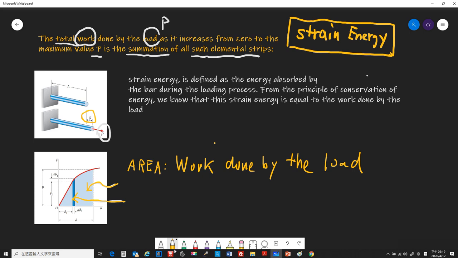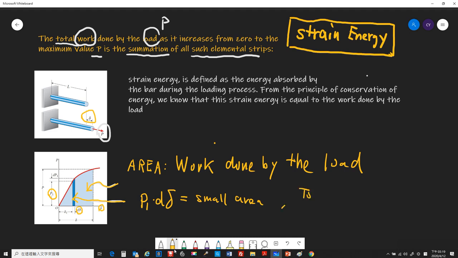This small area, the area is P1 multiplied by d delta. So delta is a total displacement, d delta is a small displacement, and so the area P1 multiplied by d delta is a small area.